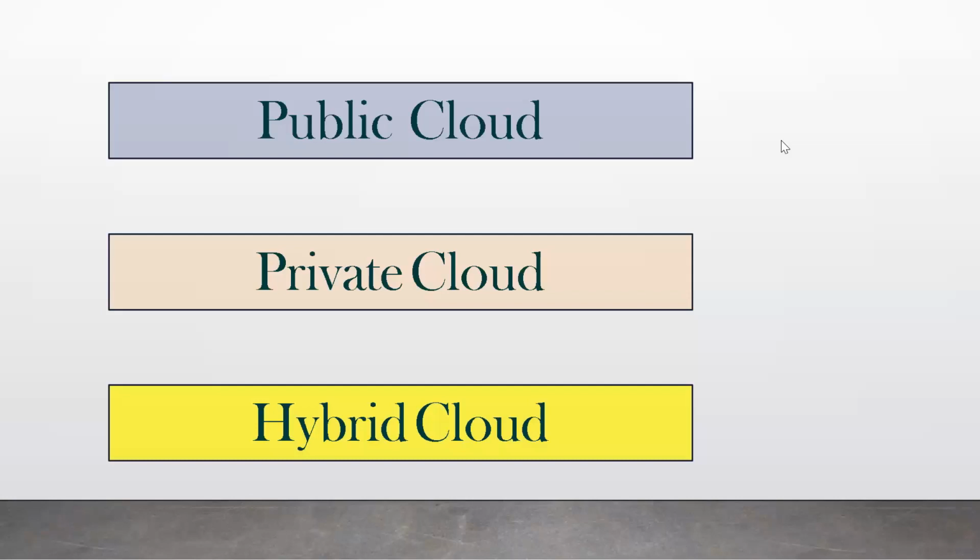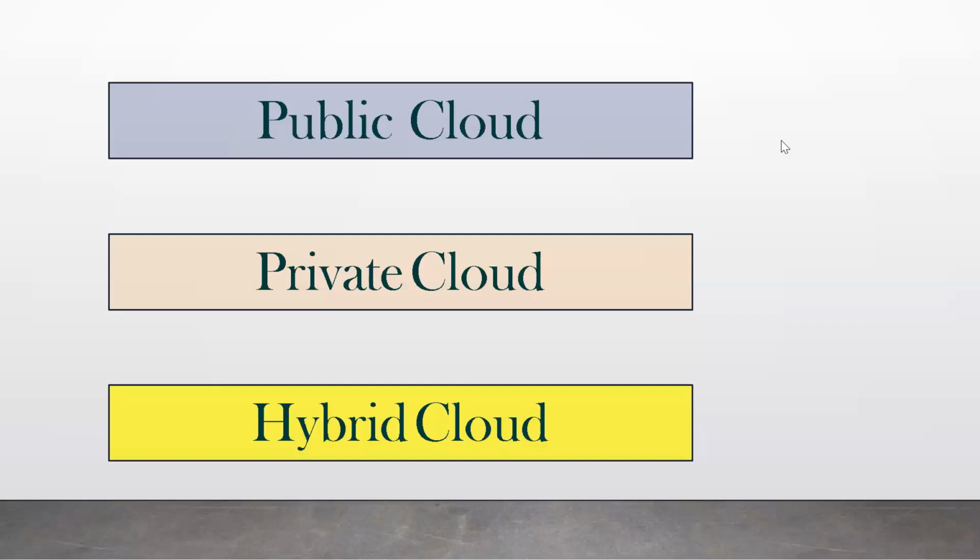On the other hand, private cloud is like owning your own car. Your car is dedicated solely to you, offering more control, privacy, and customization. You decide when and where to drive it, and you don't have to share it with anyone else. Similarly, a private cloud is dedicated to a single organization, providing a higher level of security and control over data and applications.